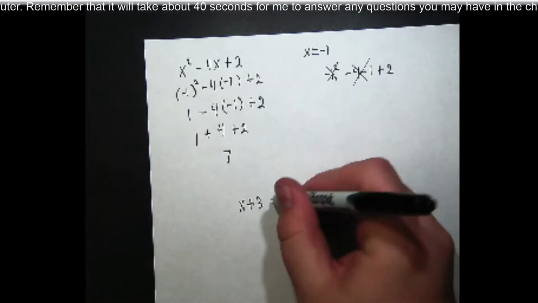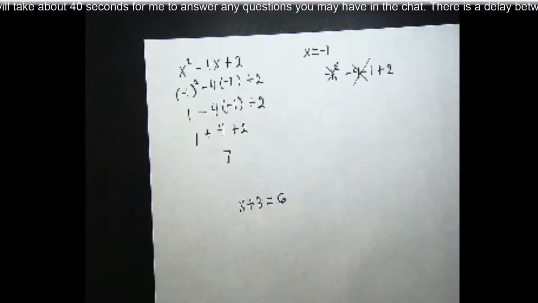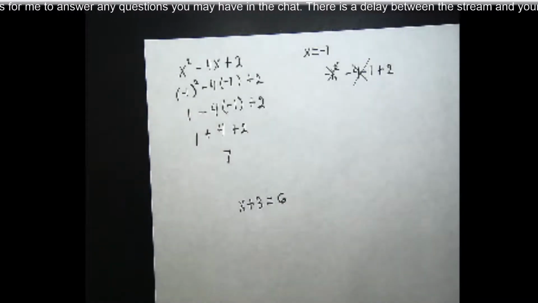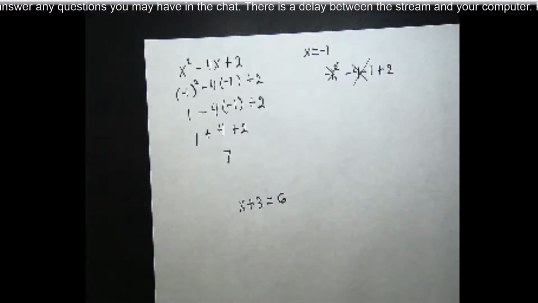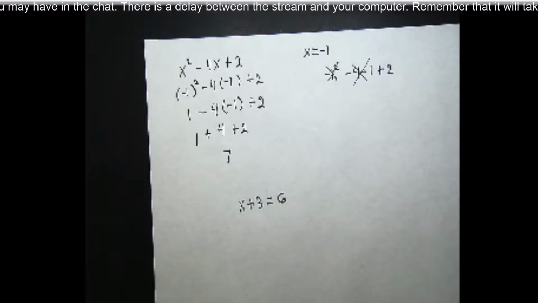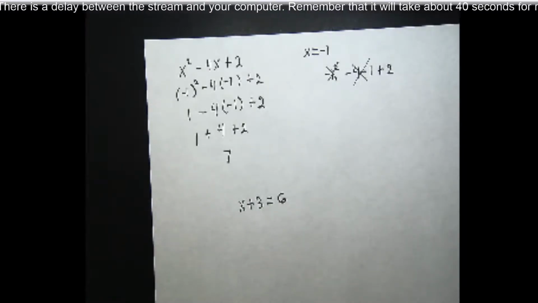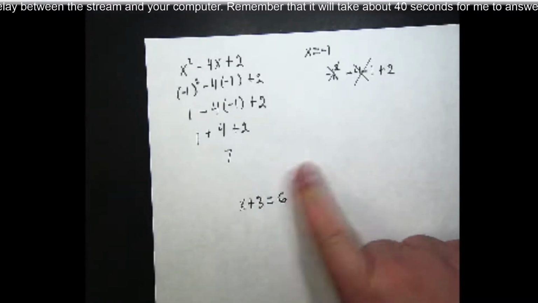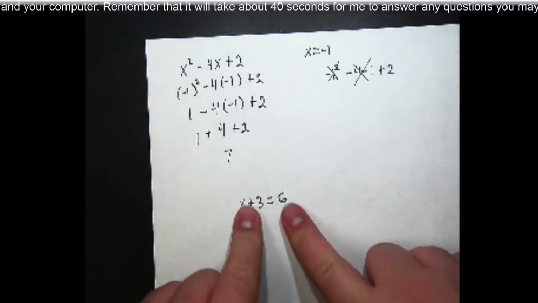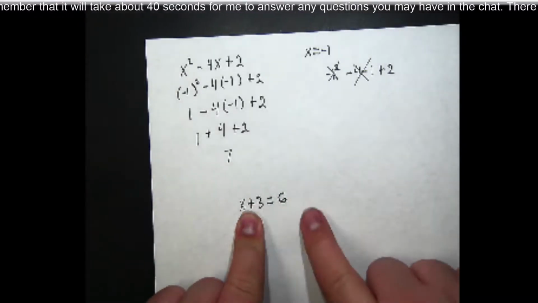But if I were to add this to it, this is now no longer just an expression. This is an equation. So what is the deal with an equation? Well, an equation is really two expressions. So I've got x plus 3 and I've got 6 here. It's a single value. But really, I can have an expression on each side of this equal sign.